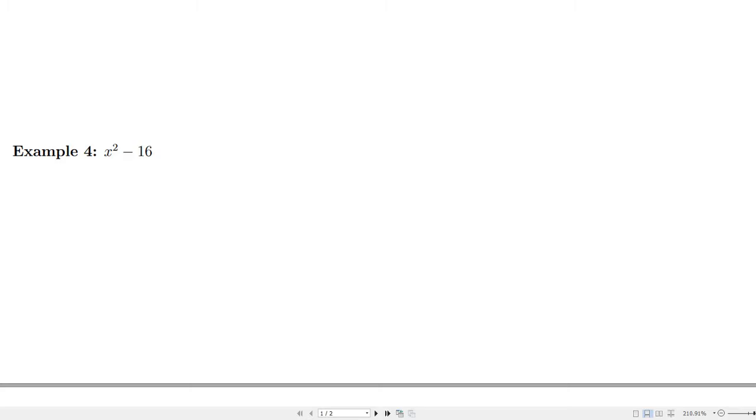Another type of special product that shows up quite frequently is something of this form right here. This is called the difference of two squares.